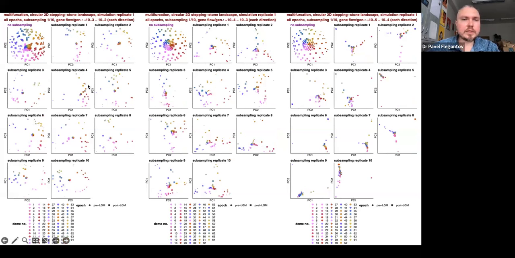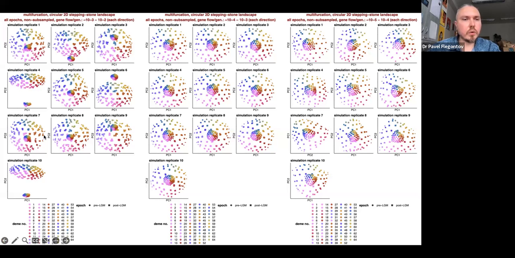But what happens if we subsample these PCAs? Of course, all these analyses are not exhaustively sampled with respect to the cumulative effective size of this simulation. But here we sampled 5 individuals per each deme at each time point.